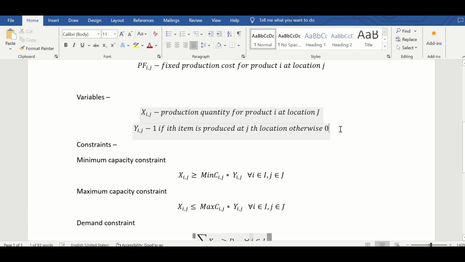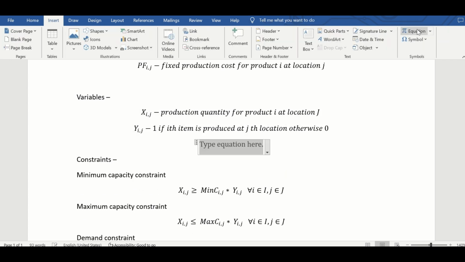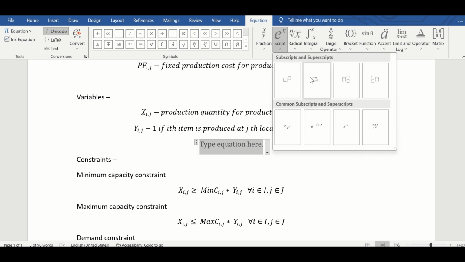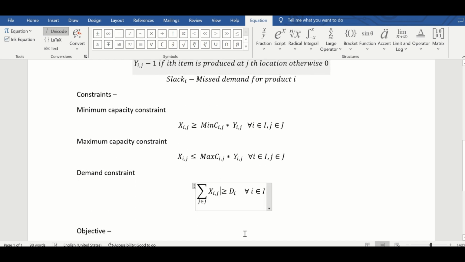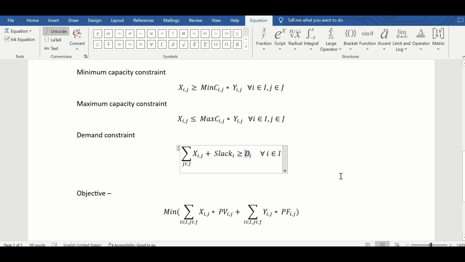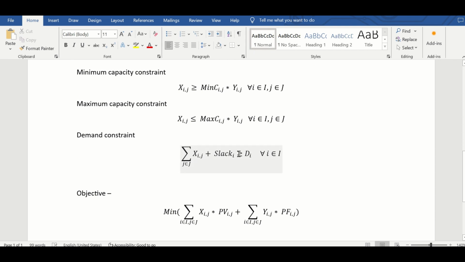So let's write that decision variable here, with, let's say, slack. This would be at the item or product level. Let's call it missed demand for item or product i. We'll come to this constraint and say plus slack i. This way, we will have removed the infeasibility that might come because of the data.